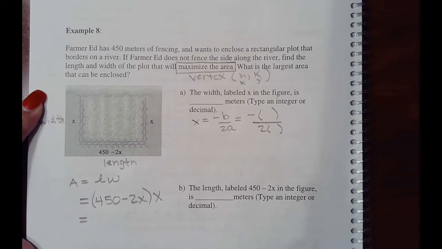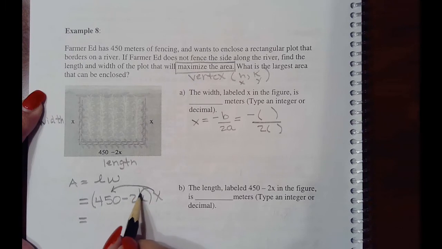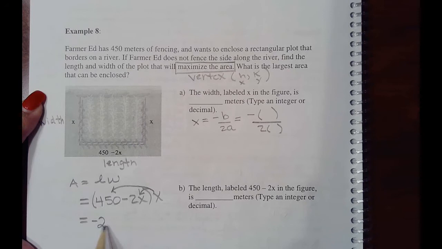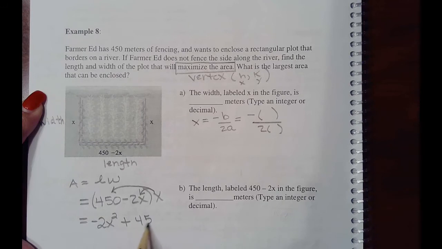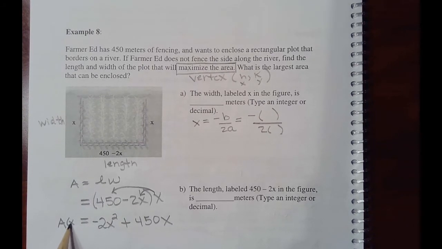If you distribute this x into the terms inside the parentheses, you get as your squared term negative 2x squared. And when you multiply it by the front term, you get positive 450x. The reason that this is in the section concerning parabolas is because it's a quadratic equation. So the area in terms of x, written in function notation, would be negative 2x squared plus 450x.